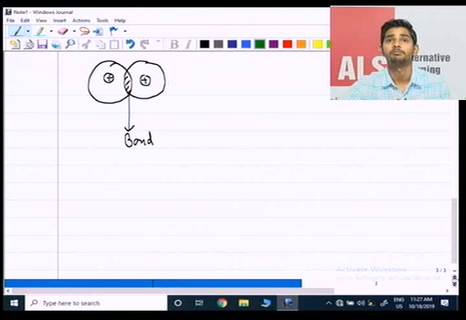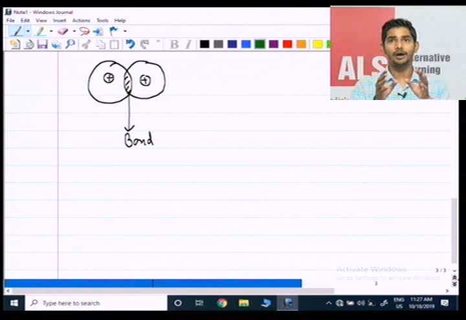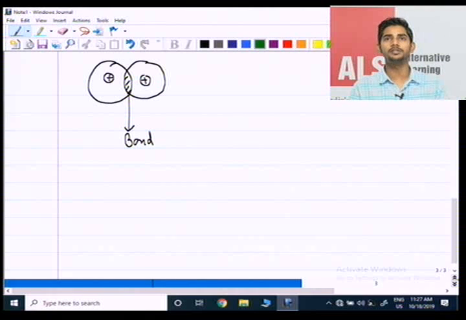So guys, when a chemical bond is formed, at that point, equilibrium is established. Equilibrium means the attractive force is net balanced by the repulsive force. Means now atoms are fixed at some particular position where neither can they move away from each other, nor can they come much more closer to each other.